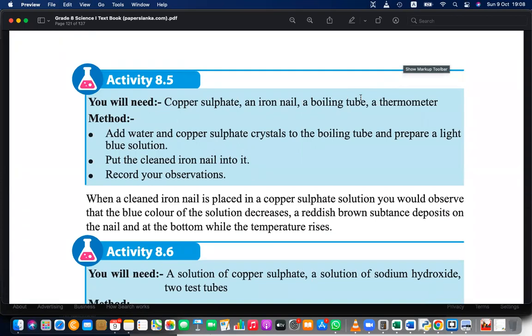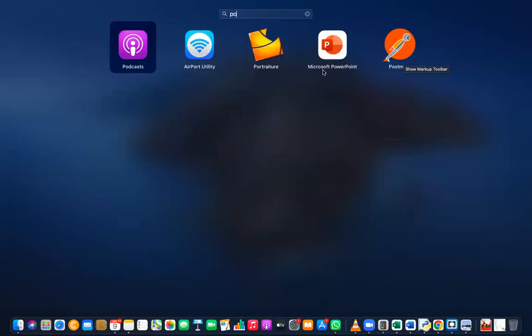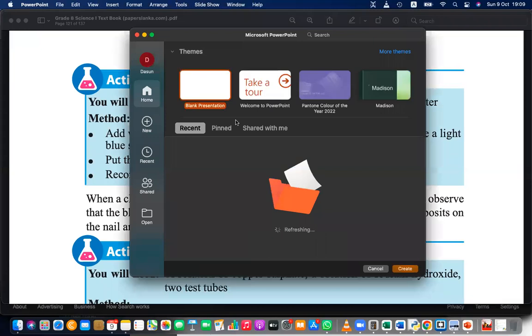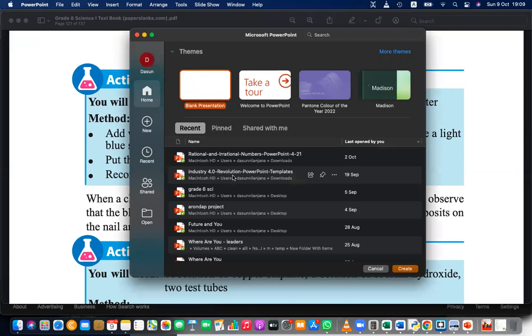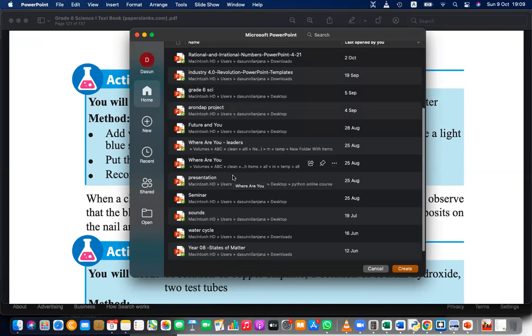So this experiment, there are a few experiments. I am not sure whether we have discussed this. Let me go to my PowerPoint presentation. Did we discuss this copper sulfate, iron nail and boiling tube? This one. So copper sulfate, the crystals. Yes, sir, we have discussed, right? Okay. Wait, I think. Yeah, here. 12 or 19.